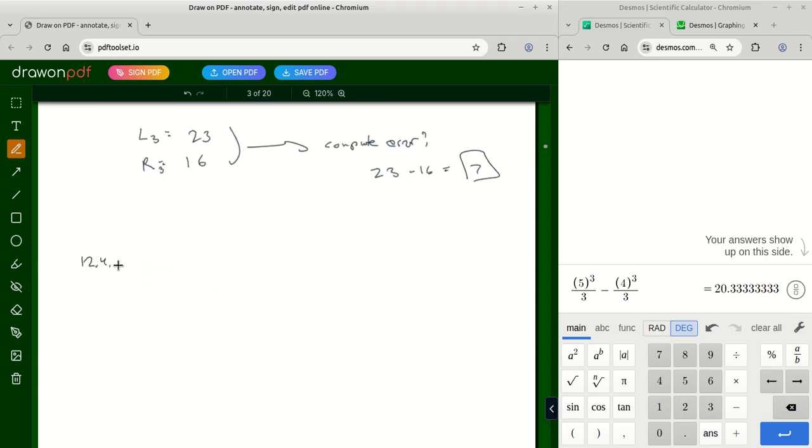So we have 25. f of x is equal to 23 minus 3x squared. And they say they want to partition the 0 to 12 interval into 4 subintervals.